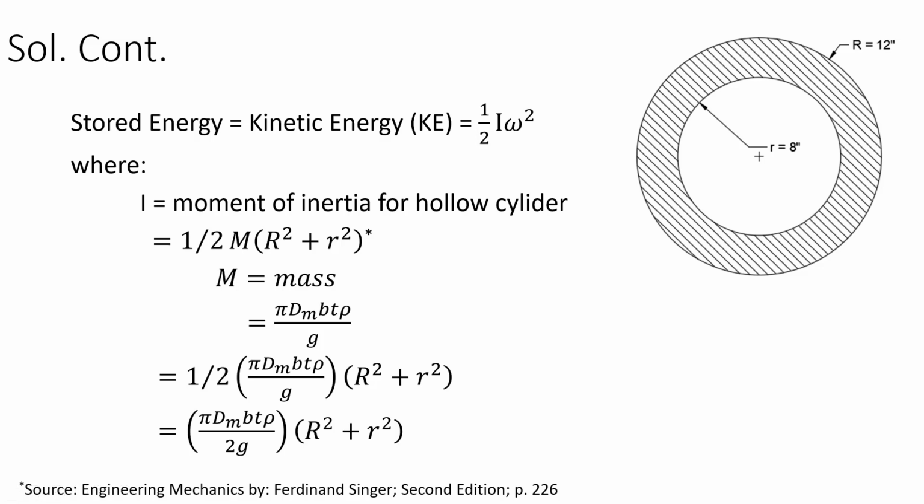Here we are going to use the mass moment of inertia since we are going to find the kinetic energy. In the English system, the unit is foot-pound-second squared, while the angular velocity is in radians per second. So the resulting unit should be foot-pound.